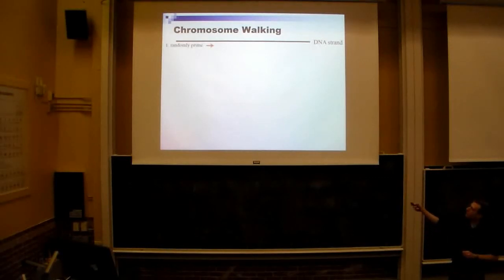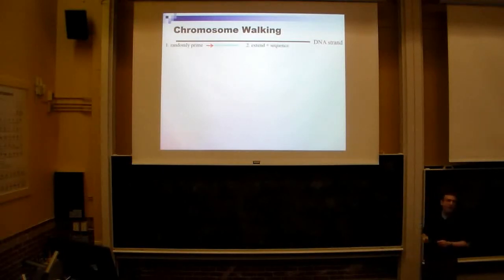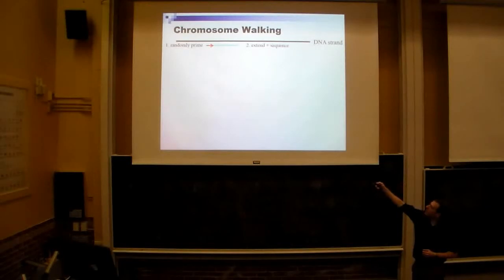So if we can find some starting point, some piece of the genome we can randomly prime, get an RNA primer to that, then we can use PCR to copy out a piece of DNA and put that through our sequencing machines and get about a kilobase of sequence. Once we've got that, we know what the sequence is for this kilobase of genome, and so we can find a new primer closer to the end of this.